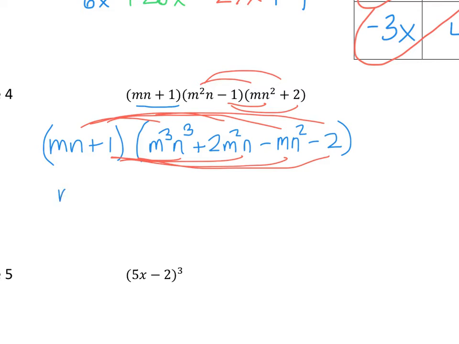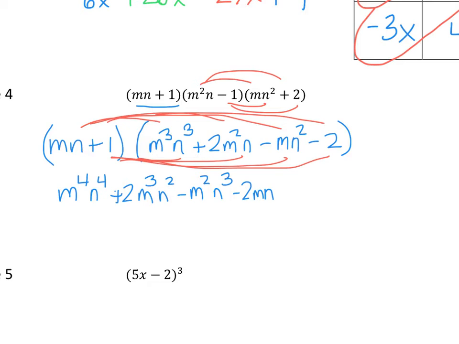So I get 4m's, 4n's, plus 2m cubed n squared, minus m squared n cubed, minus 2mn.